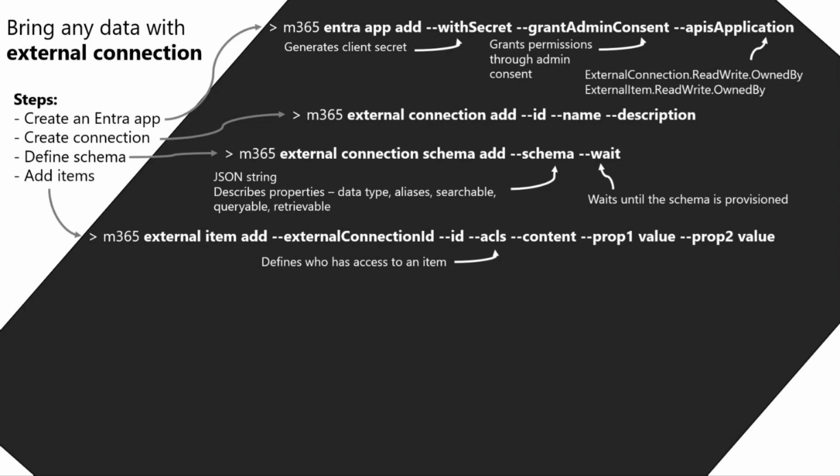The options you specify will map to the external item properties. Let's say the schema has property prop1, so the option prop1 will set the value of the prop1 property of the external item.